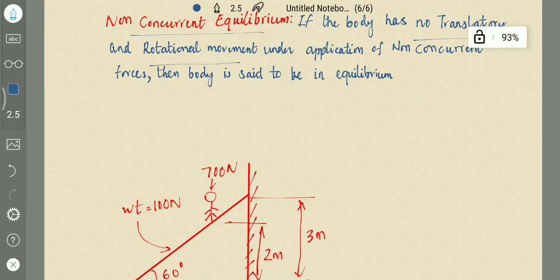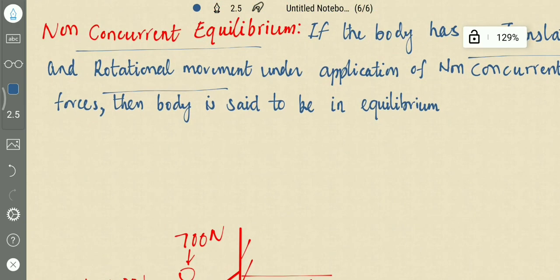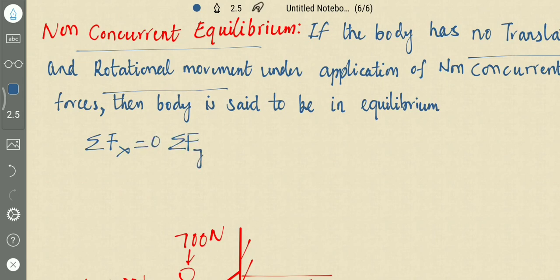So the condition for non-concurrent equilibrium, which means equilibrium when non-concurrent forces are acting, is sigma Fx equal to 0, sigma Fy equal to 0.